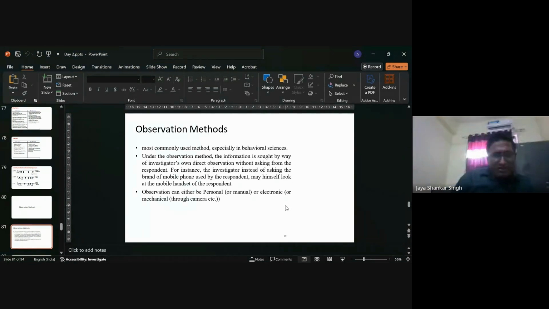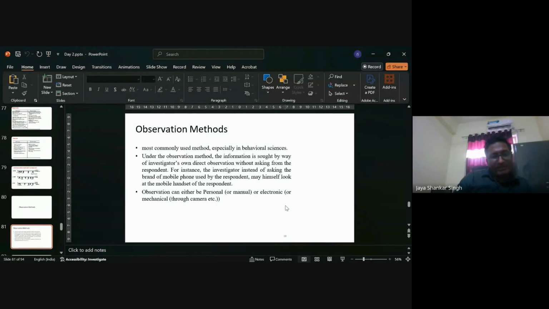For instance, there is an example written here. The investigator, instead of asking the brand of mobile phone used by the respondent, may himself or herself look at the mobile handset of the respondent. So, to understand which particular brand of phones people are using, as an investigator or researcher, you may not directly ask them, you will just observe which phone they are using. Observation can be personal or manual or based on some electronic or mechanical device.